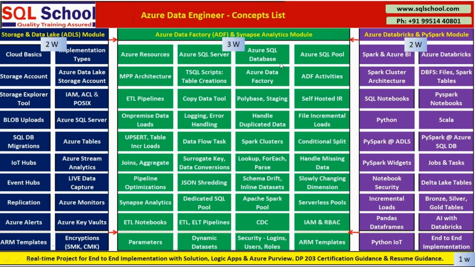Example, Spark databases. When it comes to Spark databases, how are Spark databases different from regular SQL databases? How are Spark databases more beautiful compared to SQL databases, and vice versa? When to use which? Same way, something called Synapse.